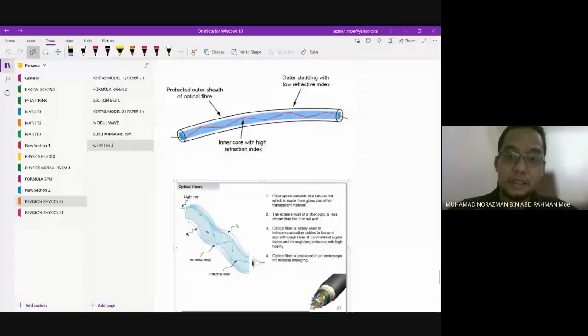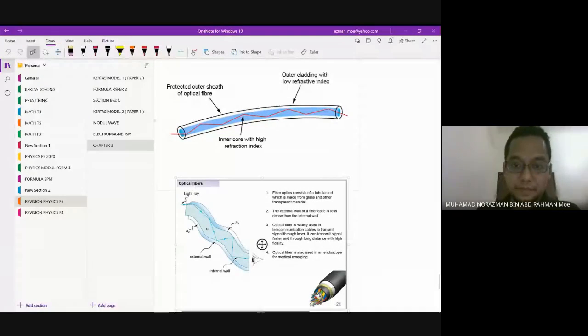Okay, for optical fiber, senang je konsep dia. Sama je konsep dia. So yang kena ingat, optical fiber, remember total internal reflection mesti from higher optical density to less dense. So optical fiber kita ada dua. So kita ada core and kita ada protective layer, ataupun kita panggil dia cladding lah.